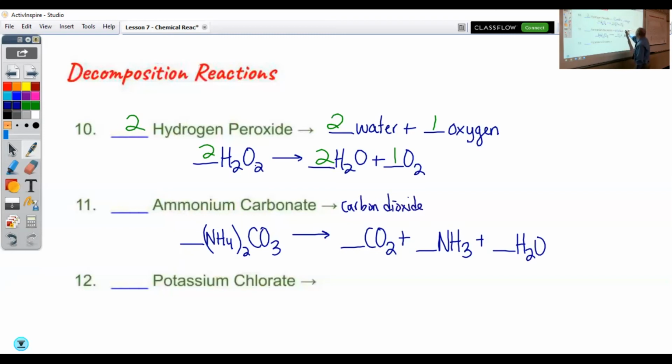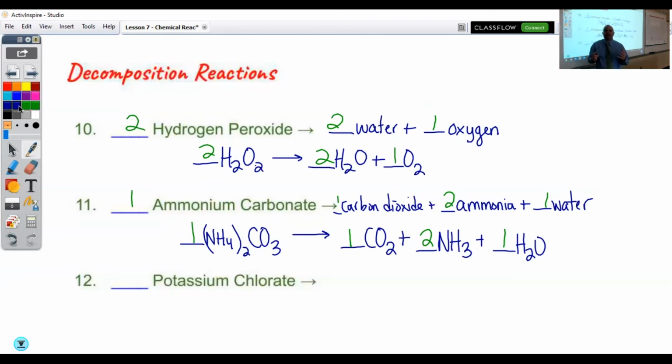We're going to have ammonia. And we're going to have water. And then balancing this. There are 2 ammoniums, so that gives us 2 ammonias. And the 2 hydrogen and 1 oxygen form 1 water. And then finally, carbon dioxide is pulled out of here, so we have 1 of those as well.